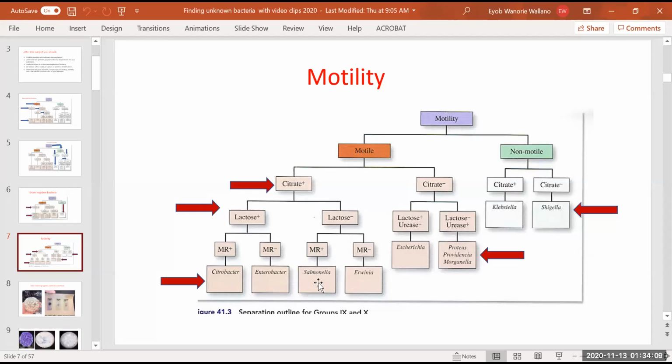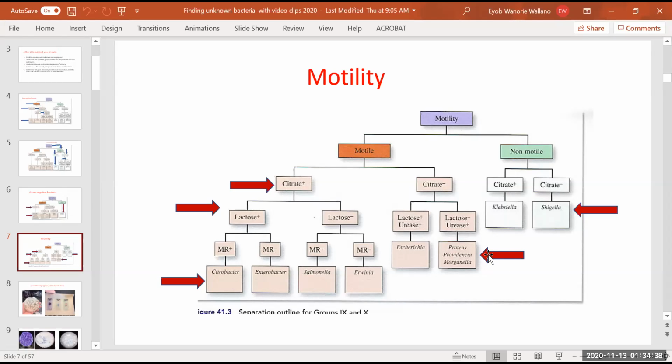Okay, now, Salmonella and Erwinia, we didn't focus on them in our class, so we don't focus on this area. So Citrobacter, we don't. But Enterobacter, yes, we know. We need to know those ones. Why? Because it is citrate positive and lactose, here it says sugar, negative. You see, so those ones we are going to focus on in our slides. In the next slides, I'm going to explain to you.